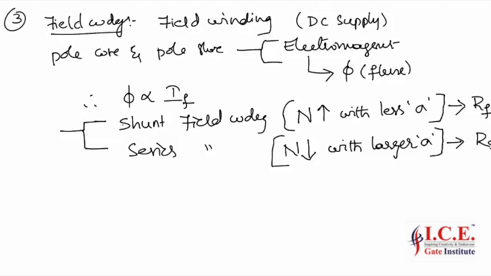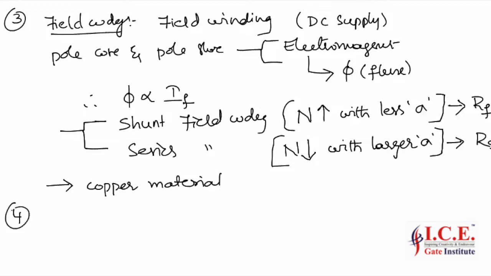So the requirements are: the shunt field should have more resistance and the series field should have less resistance to carry the load current. The total shunt and series field windings are made up of copper material.